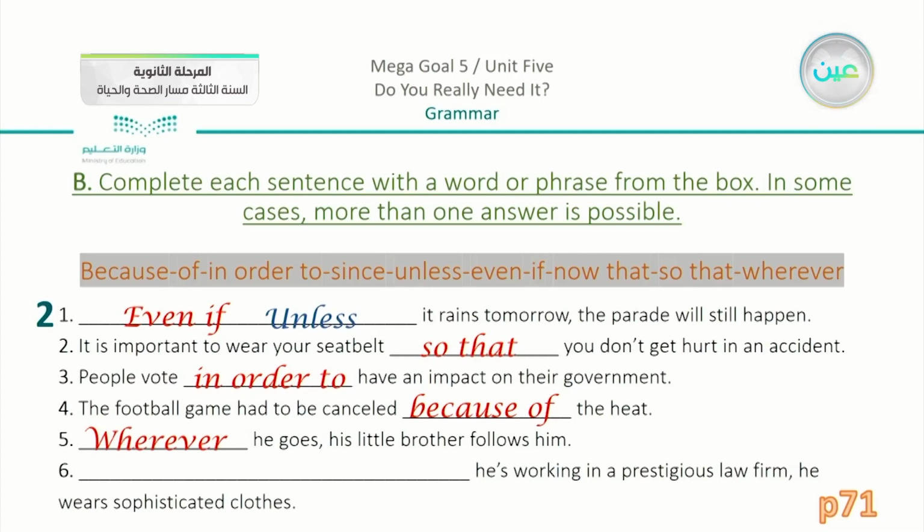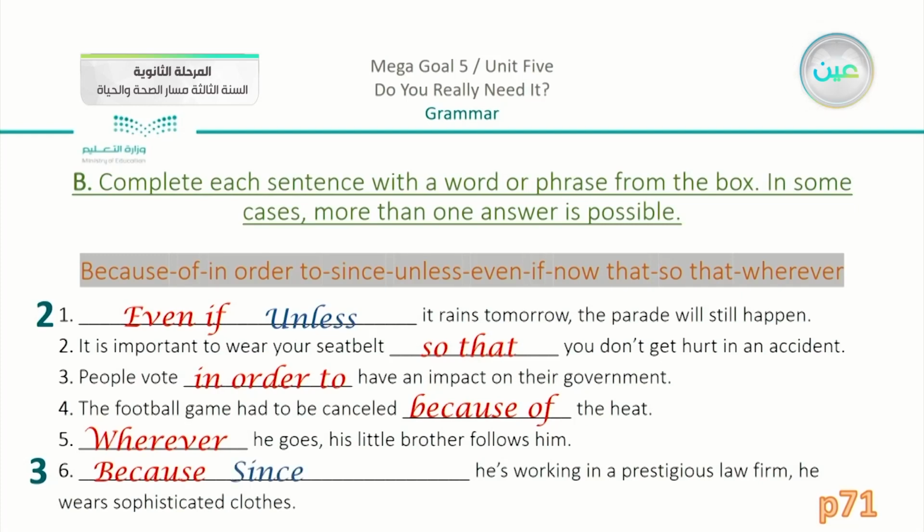And in the last one, number 6, actually we have here 3 options for completing the clause. Let's just read the clause first. He's working in a prestigious law firm. He wears sophisticated clothes. So you can show purpose. We can show a result, for example. So we can say, for example, because he's working in a prestigious law firm, we showed reason.